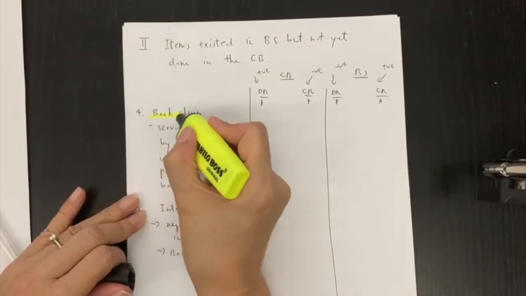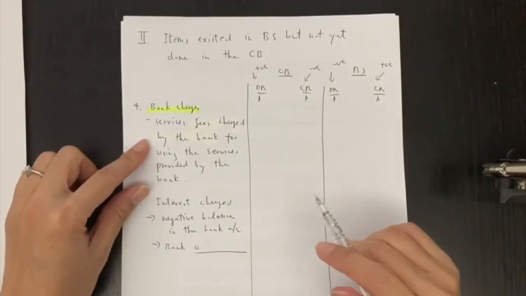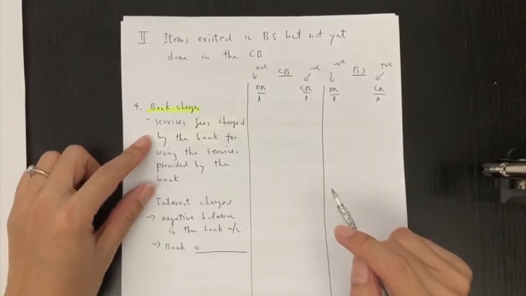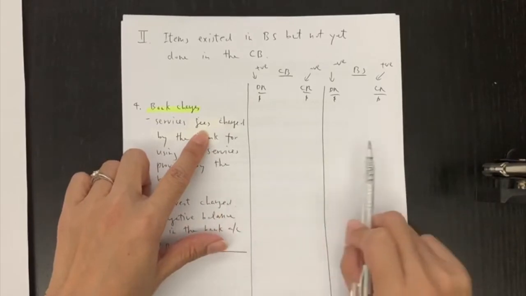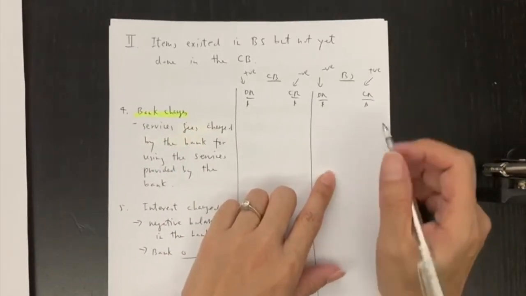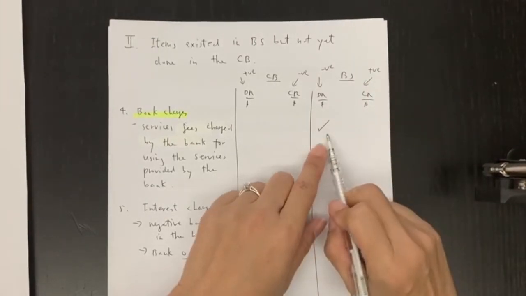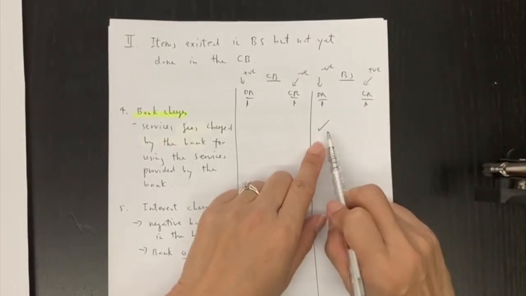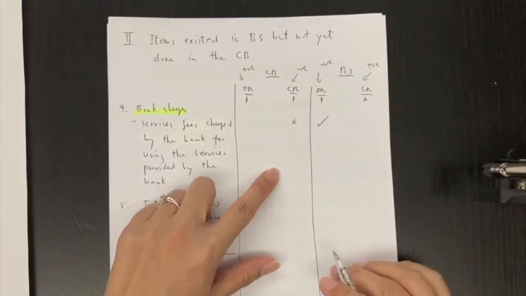Now the next thing is bank charges. All right, so what happened about this? Since we are using services provided by the bank, the bank will charge us some service fees here. How? In the bank statement, the bank will deduct money from our bank account. So put a tick here. Okay, but we don't know that until we have received the bank statement. So we have not yet credited our cash book.